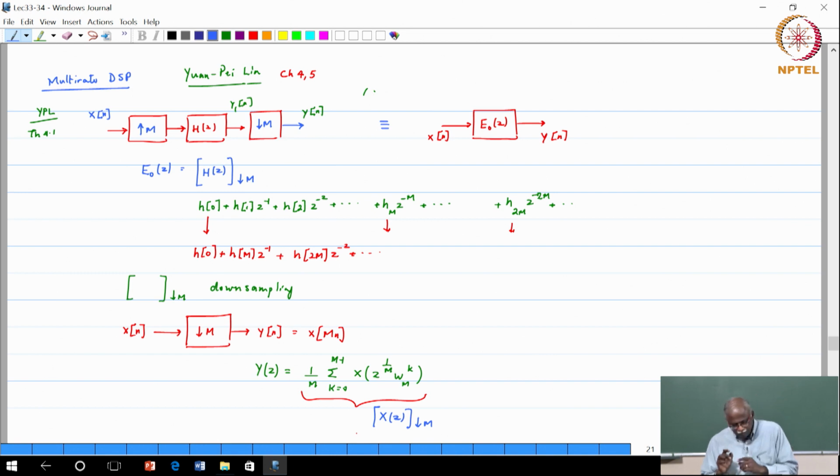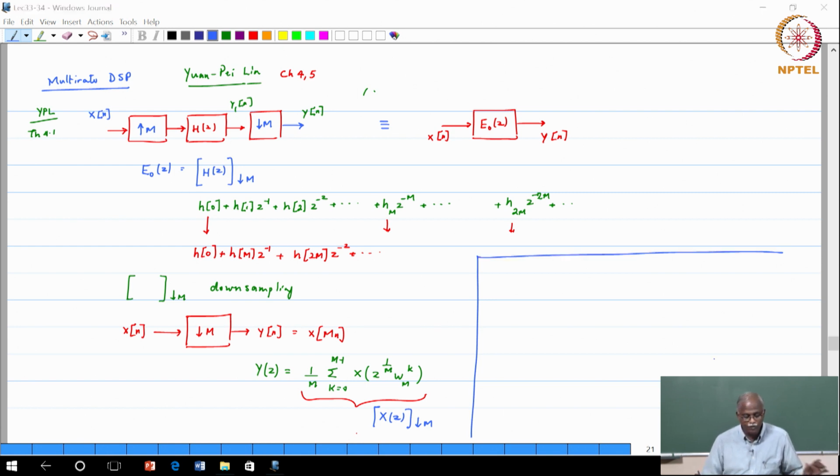As always, apply the result that you have just now obtained. If I were to write down the expression for y of n, y of n is y1 of n downsampled. Let us see if we can write this expression.